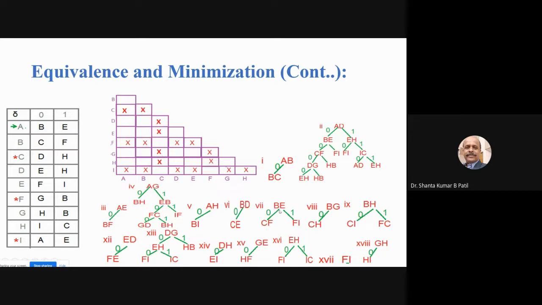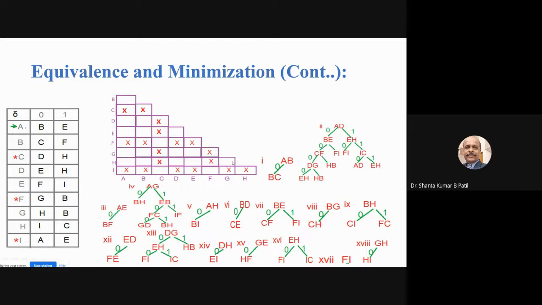Stop the construction of the tree and decide B and E are equal. Like that, you can find BG. BG on 0 is CH. C is a final state and H is a non-final state, so CH has already got the cross mark. Therefore, BG also gets a cross mark.